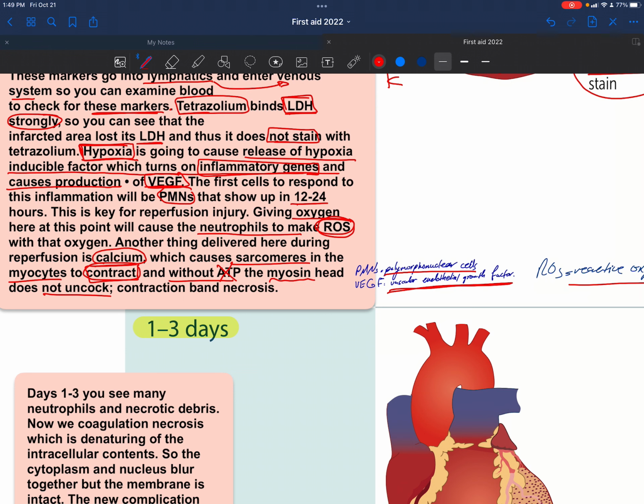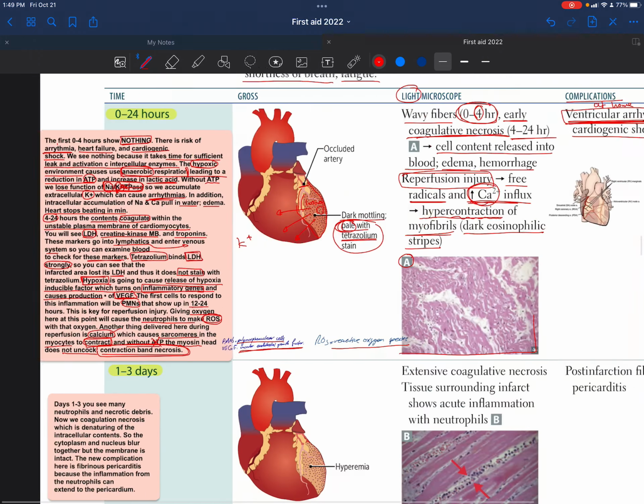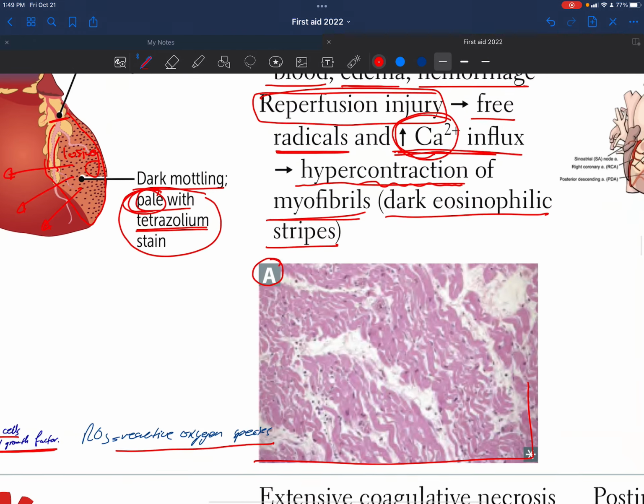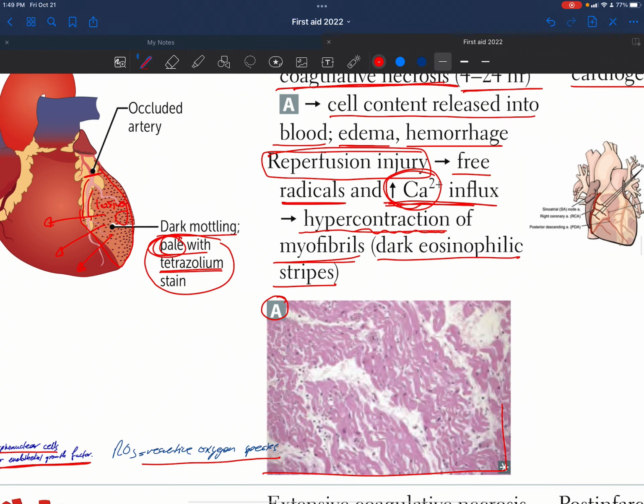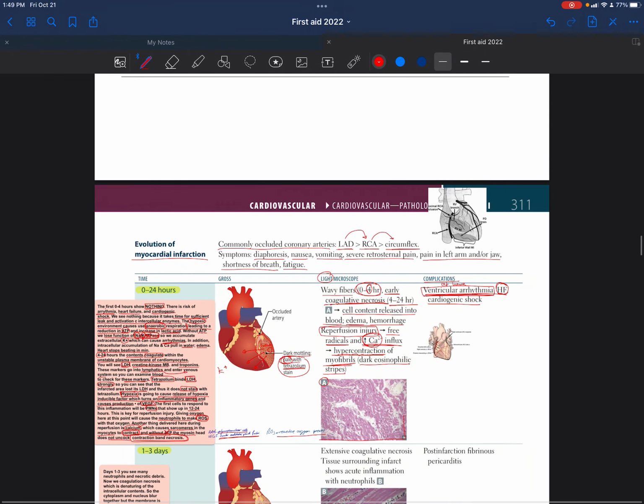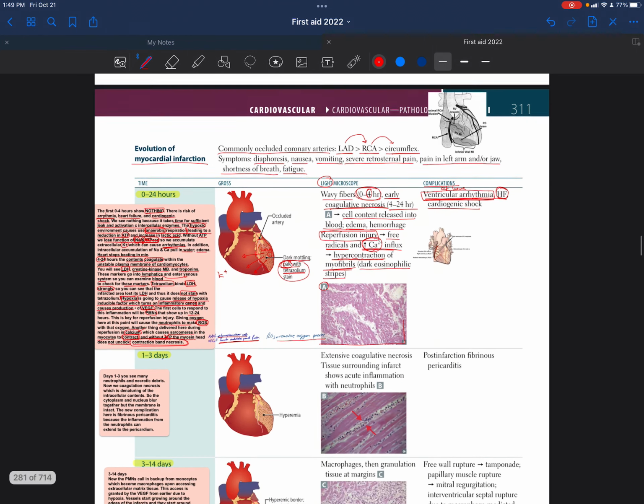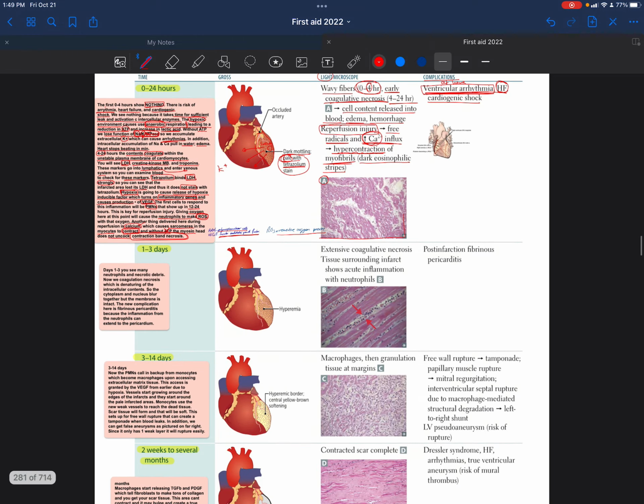It contracts because there is calcium, but there is no ATP to finish the process, so it cannot relax. So contraction band necrosis occurs, and that's why we have hypercontraction of myofibrils. This is for the 0 to 24 hours.